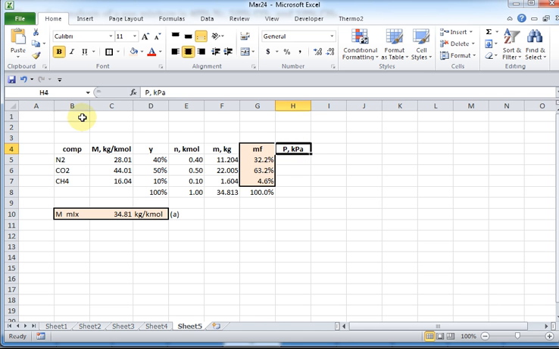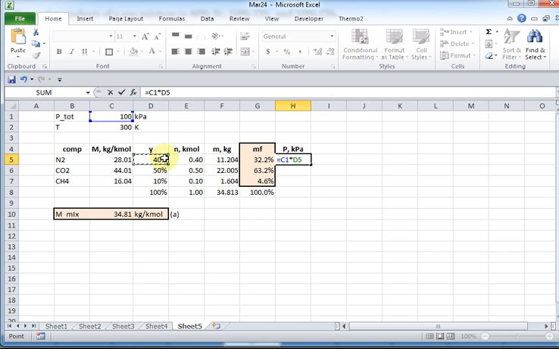We need to know the total pressure. And what was the total pressure? 100 kPa. And might as well put the temperature. The temperature was 300 Kelvin. So if I want to know the partial pressure of the nitrogen in this mixture, it's the total pressure times y, true?